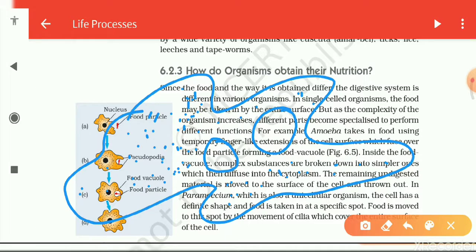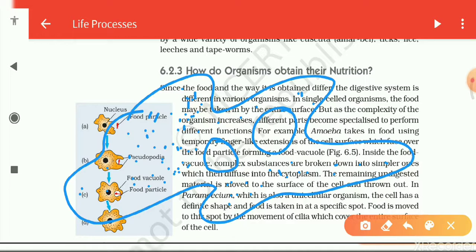Now the first step is ingestion. In ingestion, food comes inside the body. Now the second step is digestion.